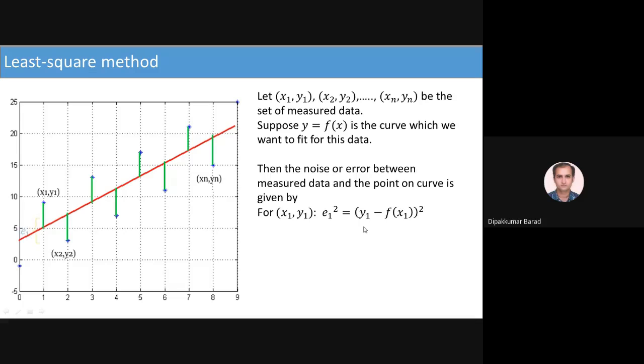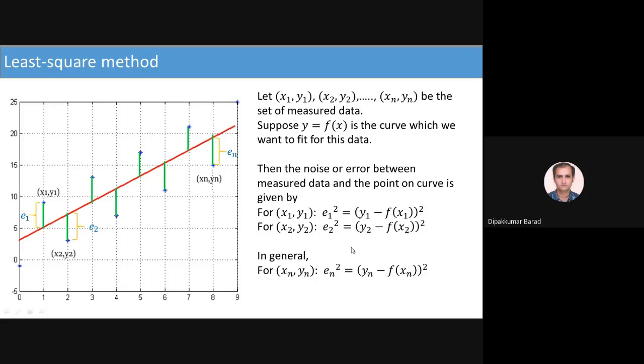Similarly e2 square equals y2 minus f of x2 whole square, and in this way you can find it for each point and get the errors e1, e2, up to en. We take squares because this quantity might be negative.